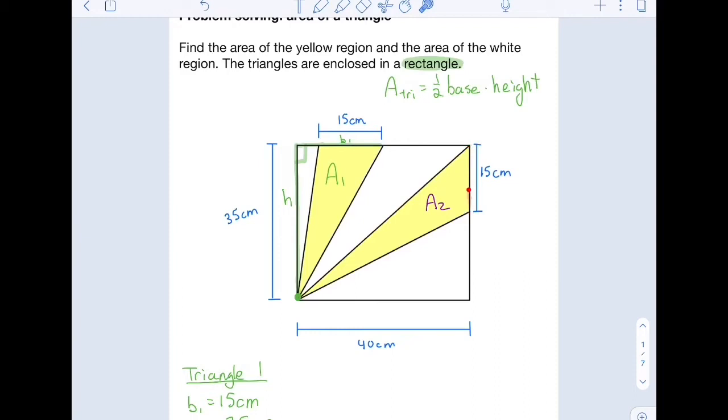Here we have a base because the side is labeled. We wouldn't choose this side or this side as the base because we don't know what the length is. This 40 centimeters is the horizontal distance, not this diagonal one.